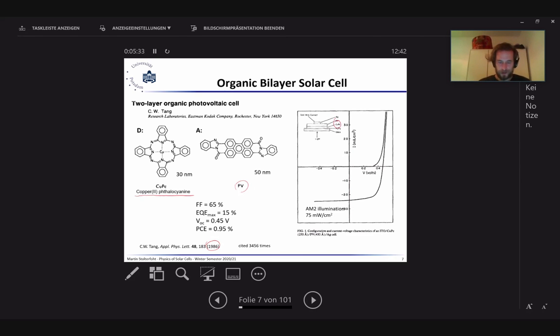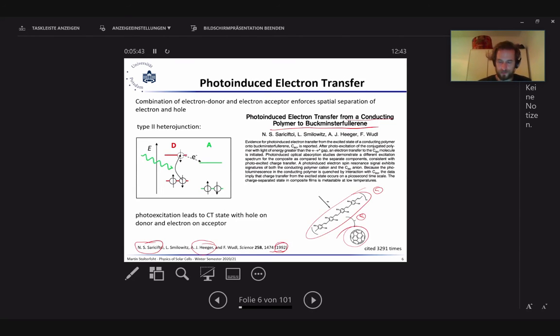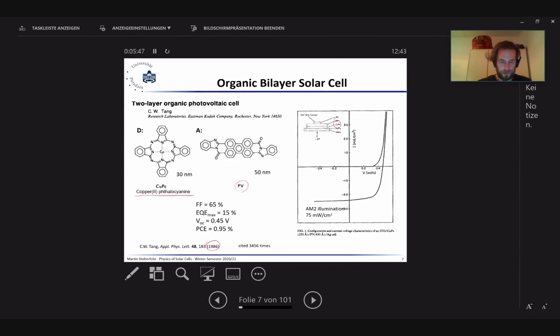So they already knew that you can make some sort of electron-hole transfer possible. But this has shown it with a C60 molecule, which is, I guess, more efficient. So that was the first organic solar cell in 1986, and it achieved an efficiency of around 1%.